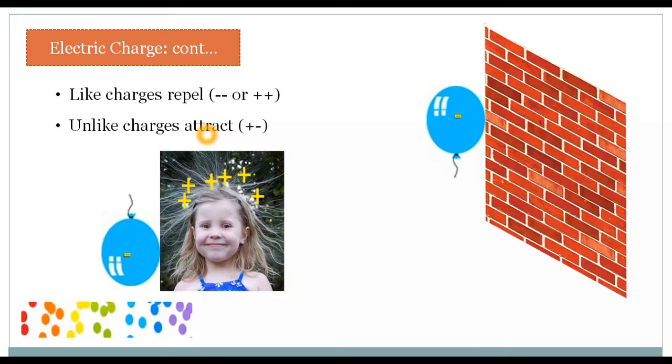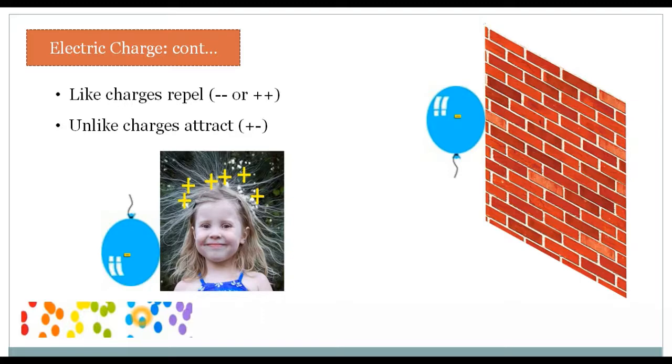Okay. So let's take the example of these paper bits again and see, these are neutral. They don't have any charge, right? But the balloon is negatively charged, right? Now, as we saw, negative charge will attract positive charge. So what happens here? All these neutral bits of paper have both positive charge as well as negative charge inside them.